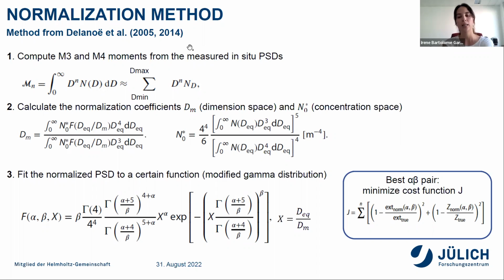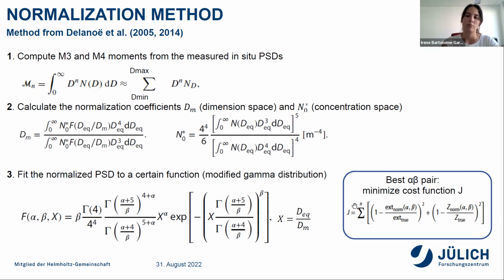And in 2014, what they did to obtain the best alpha and beta was use what is also done in the method by Field. That is using a least squares linear regression, and they defined a cost function. This cost function should fulfill a condition that is defined by 2 variables, one that is sensitive to the small particles, so that is proportional to a low moment, and another one that is sensitive to larger particles and therefore proportional to a larger moment.